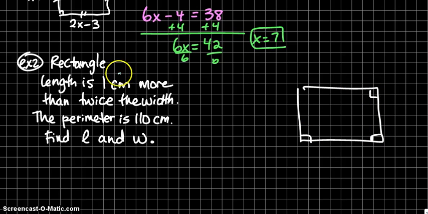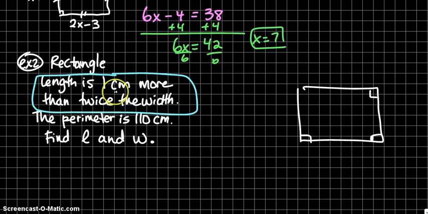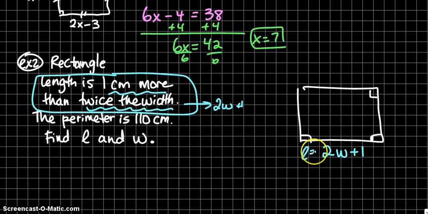My length is 1 centimeter more than twice the width. Well, I would say twice the width is like 2w. And 1 centimeter more than that would just be plus 1. So my length is going to be 2w plus 1. That's my length. And then it didn't say anything special about the width, so the width will just be w.